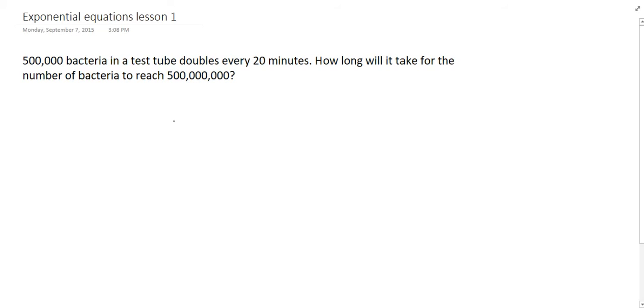So let's write this out slowly. Initially, at time equal to 0 minutes, we have the number of bacteria, let's just call it B. The number of bacteria is equal to 500,000.